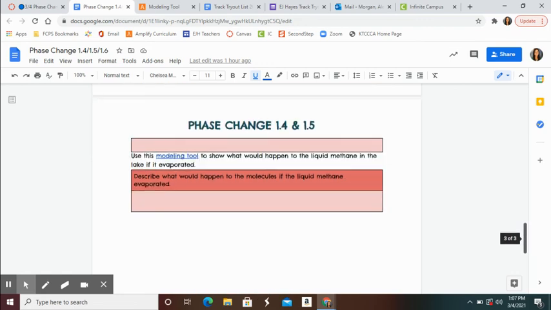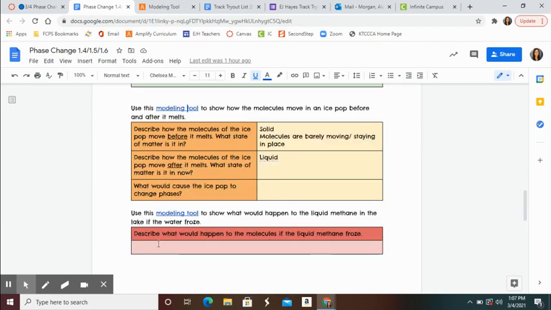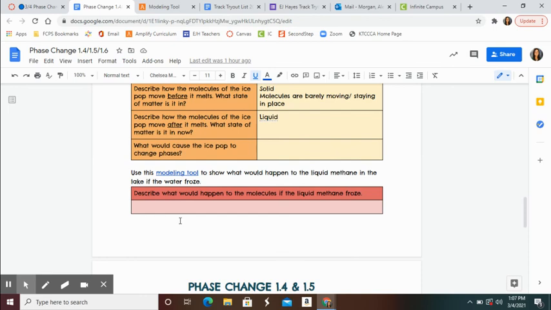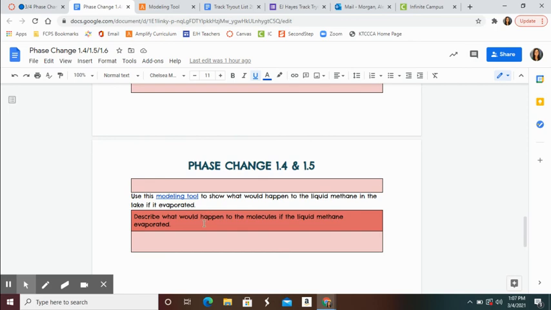Down here, there are two other modeling tools. These have to do with our scenario that we're looking into, Titan and the lake on Titan and how it disappeared. We're looking into whether it maybe froze or if it evaporated. Each one of these scenarios will look into that. This one is looking at if it froze, and this one is looking at if it were to evaporate.